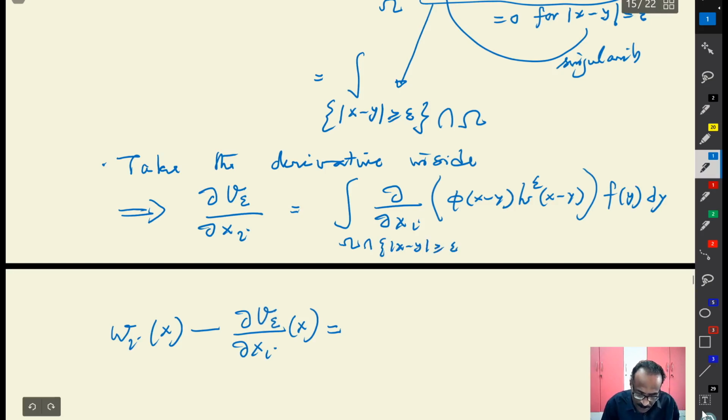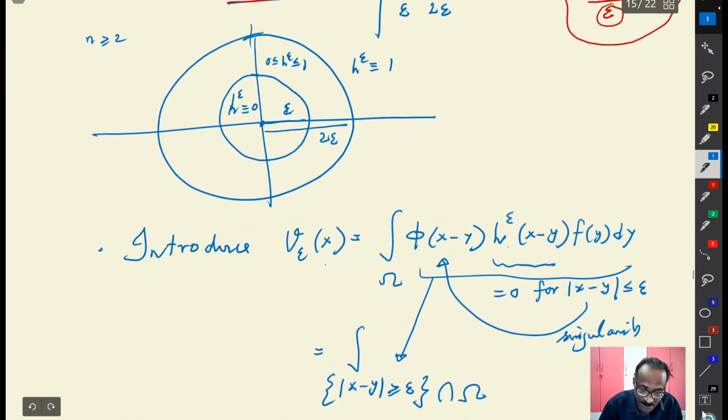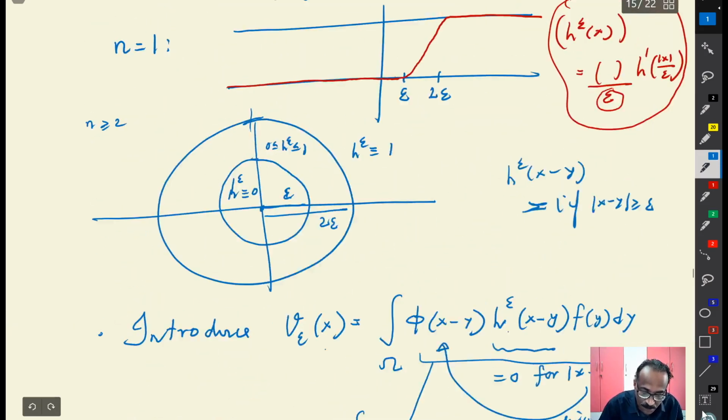Now when I subtract, h epsilon is equal to 1 for mod x minus y greater than or equal to 2 epsilon. So you have to understand that h epsilon of x minus y is equal to 1 if mod x minus y is greater than or equal to epsilon, and that is exactly the integral in your wi of x.